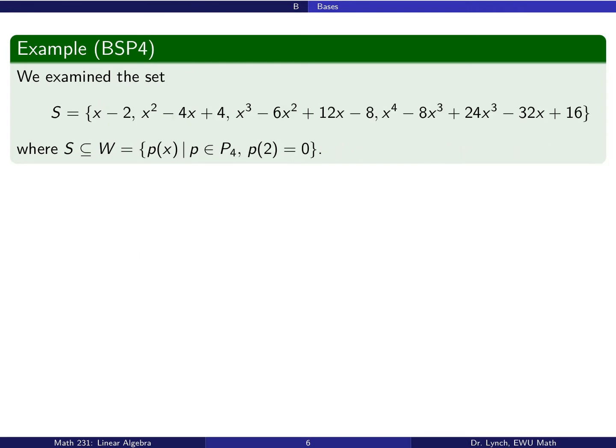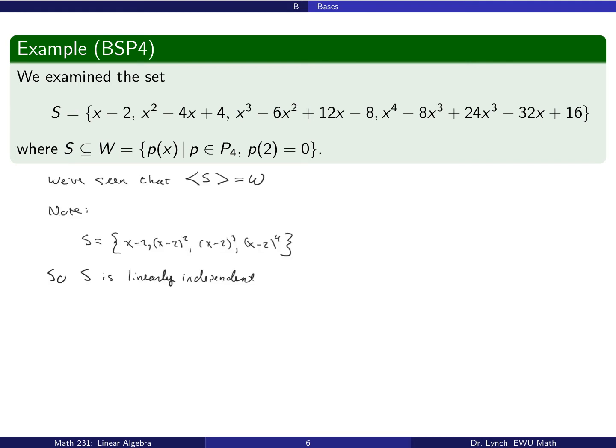Here's a new example. We've had a look at this set of 4 elements from the set of quartic polynomials. So this is a subspace, and we've shown that this set is a spanning set for W. Since the span of S is equal to W, and since S can be written as these 4 factored polynomials, it's quick to see that S is linearly independent.